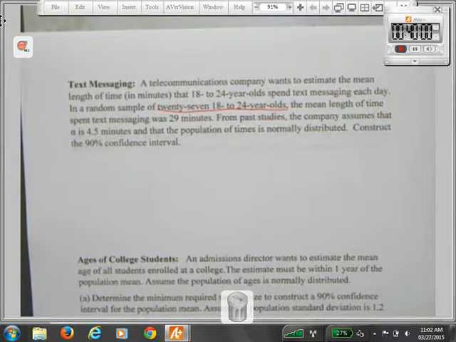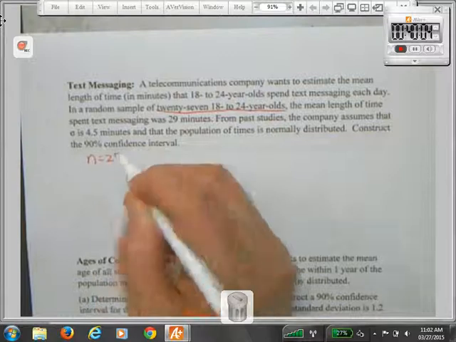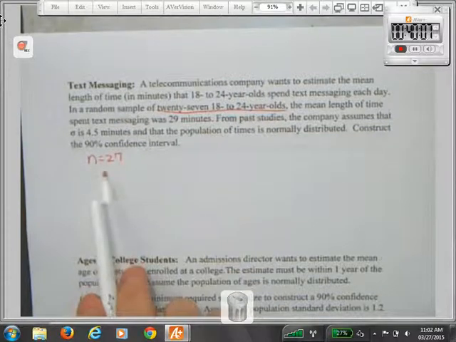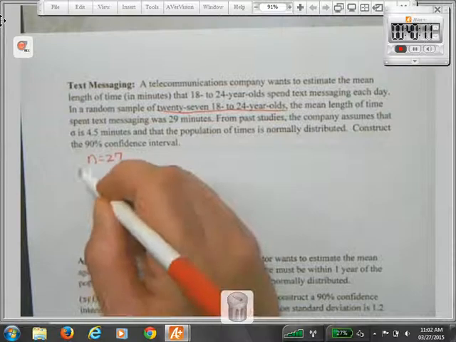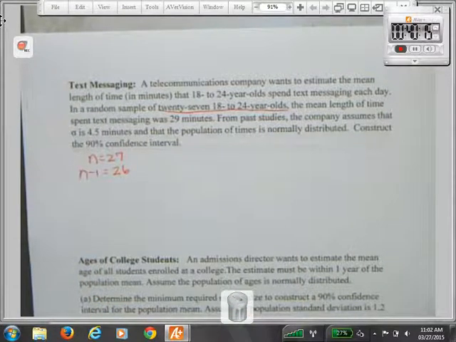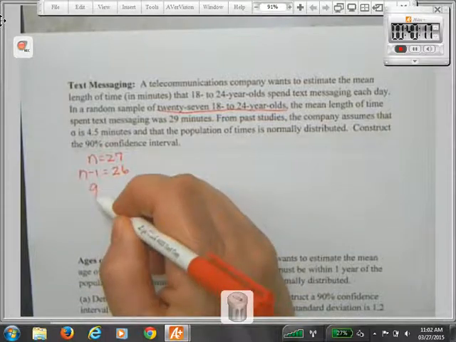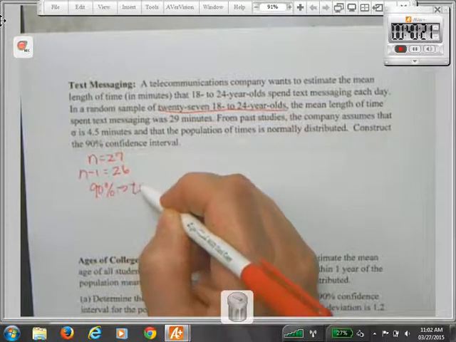All right, let's pull out everything that we need. N equals 27. As soon as you get an N that's less than 30, go ahead and calculate N minus 1, so you're acknowledging that it's a T distribution. I'm going to go ahead and get the 90% T. So T is going to equal what?